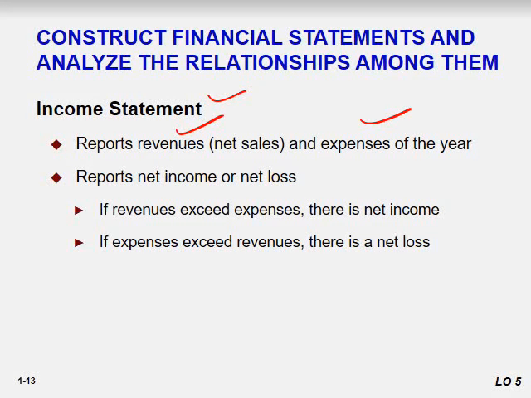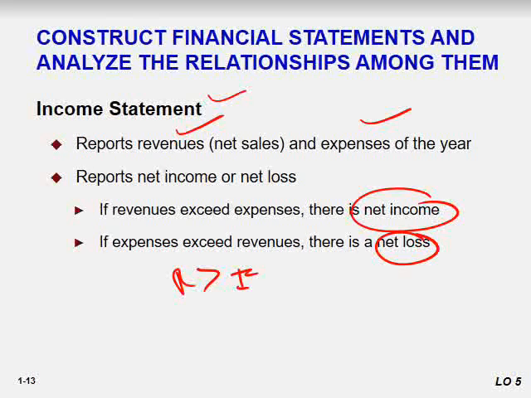So it shows what's going on during the year, how much you sold, how were the expenses of the year, right? So it reports income or loss. Income is when revenue is greater than expenses, or loss is when revenue is less than expenses, right?